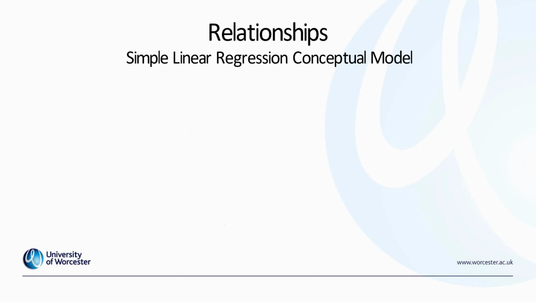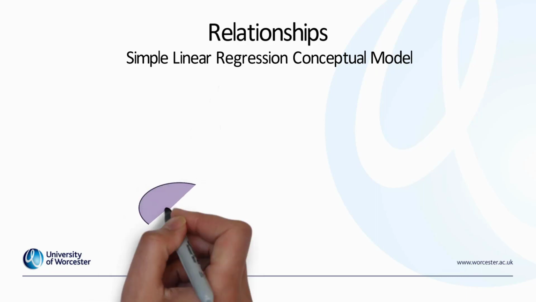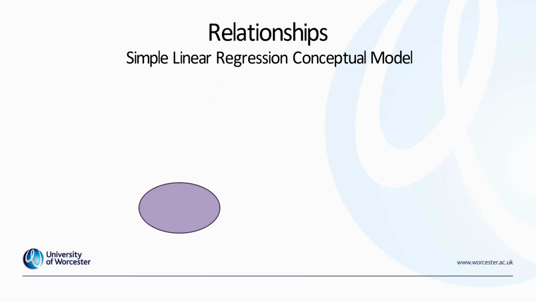So we often start off with just a simple linear regression where we're using only one independent variable. So I'm going to give you another example now of a simple linear regression using a conceptual model.